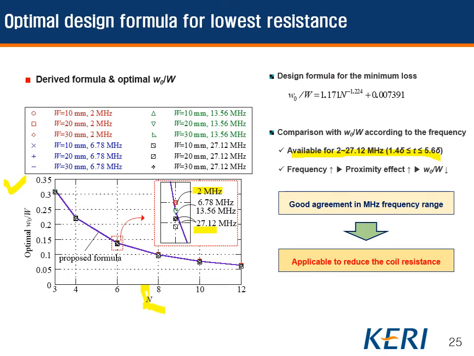As you can see, for each number of n, we can find the optimal W0 over large W. By curve fitting, we can get a design formula for the minimum loss. It's like that. W0 over W is a function of the number of n.